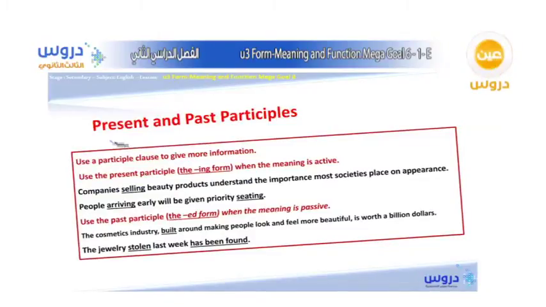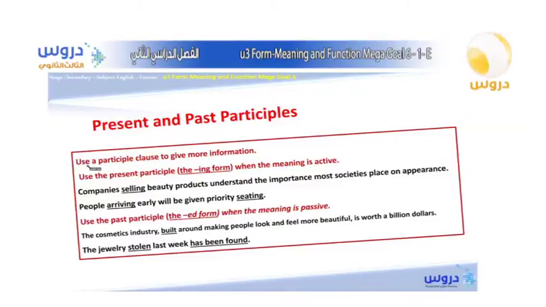So now we are going to talk about the present and past participles. Use the participle clause to give more information. So we have participle clause. Clause means part of a sentence.